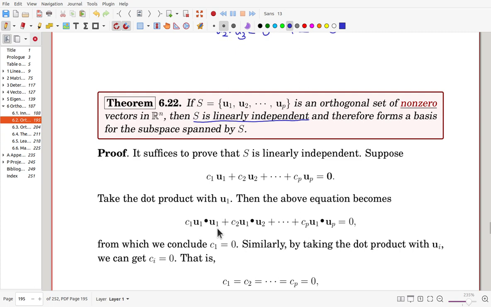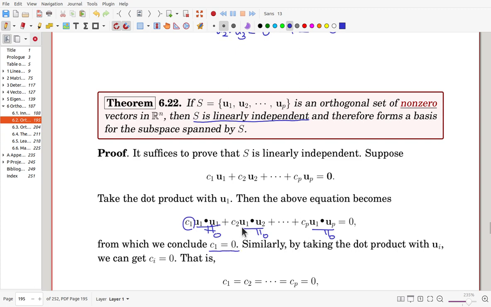The collection is non-zero vectors, and they are orthogonal, so every other term must be 0. But U1 dot U1 is non-zero, so non-zero times C1 equals 0, which means C1 must be 0.